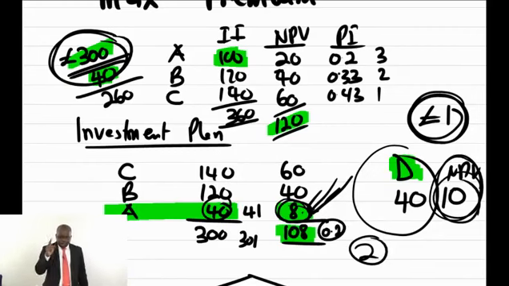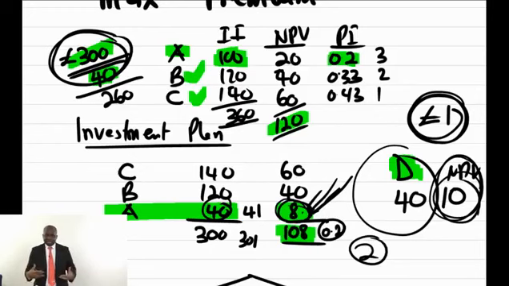Every unit of the limited resources I can bring, because A was not fully done, B was fully done, C was fully done, any extra money I bring, I would have to use it to do A. Profitability index of A is 0.2. So when they tell me to calculate the shadow price, straightforward, I look at the project I didn't do, and I calculate its profitability index.